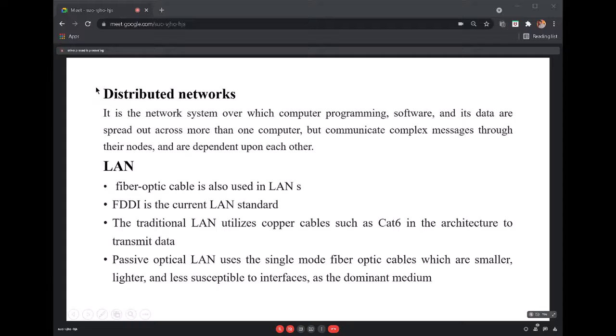So on distributed networks, I just wanted to add one more thing. You all have heard of blockchain, right? For blockchain technology, distributed networks are used. How it is being used, where it is being used? See, initially the work will be decentralized.